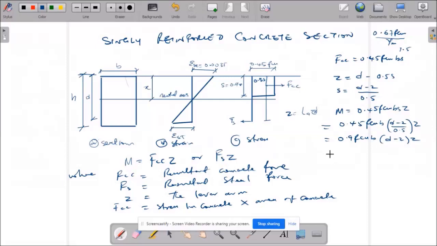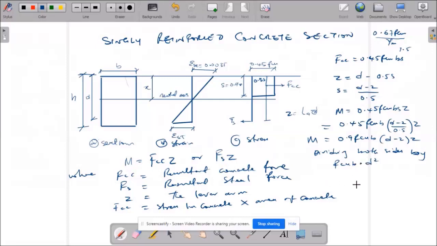So we divide both sides by FCU B D square.